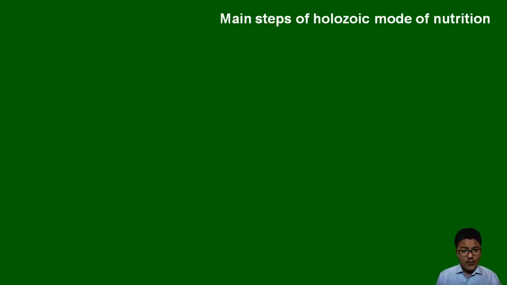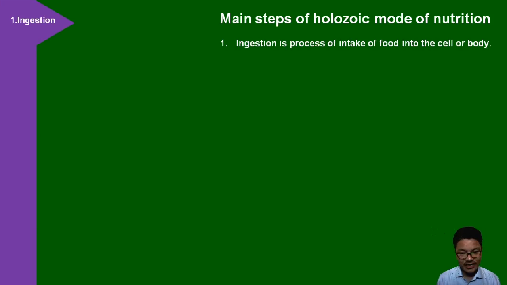Now, with the nutrition in amoeba, let's try to understand the main steps of holozoic mode of nutrition in holozoic animals. First, ingestion occurs. Ingestion is intake of food into the cell or living body. Our body, we also follow holozoic mode of nutrition.